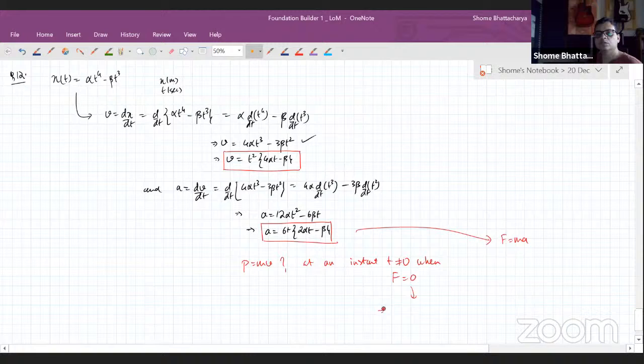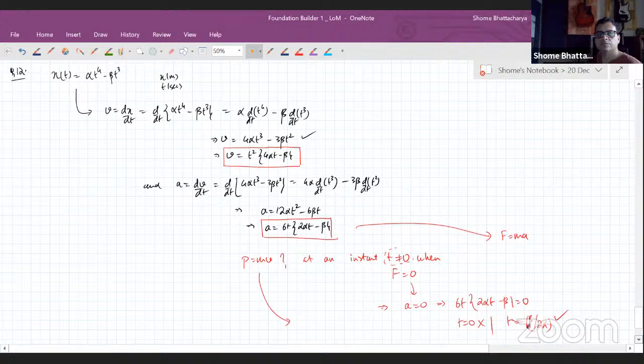So force equal to 0 means acceleration is 0. t equal to 0 we won't take because the question has already asked us not to take t equal to 0. So t is beta upon 2 alpha. This is the value. And now to find the momentum, substitute that value of time.